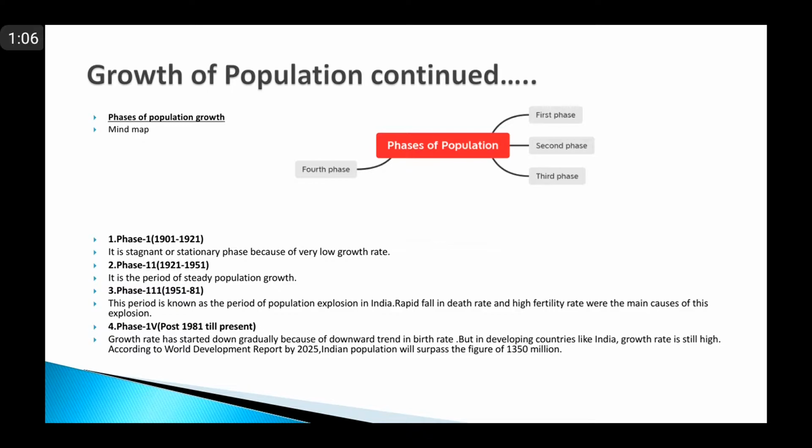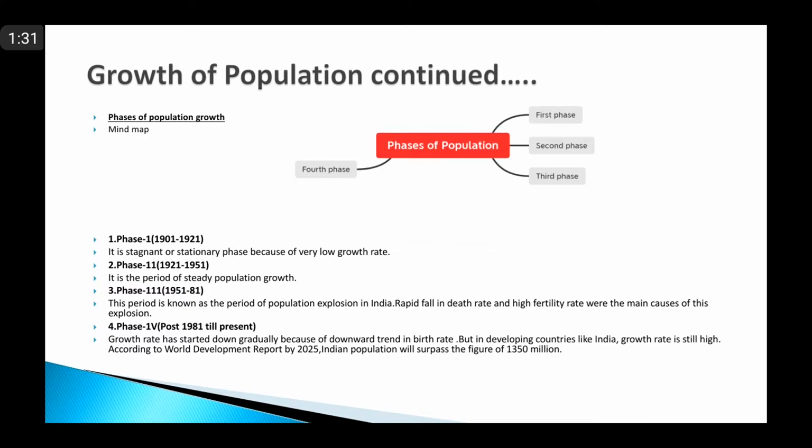The first one is the stagnant growth, which you can see is before 1921, that is, between 1901 and 1921.